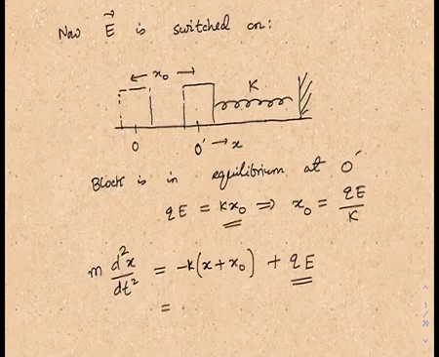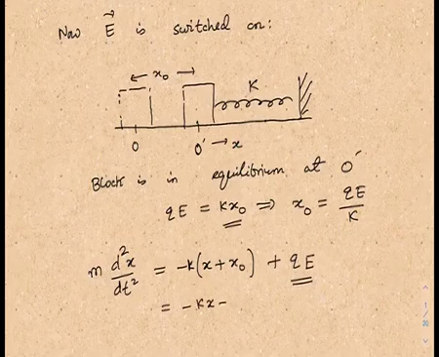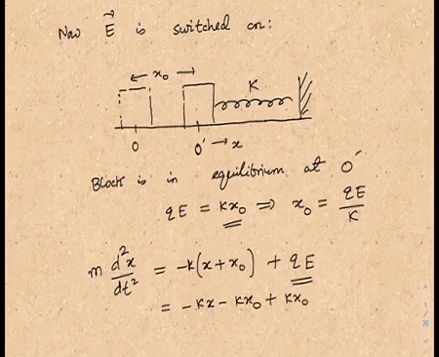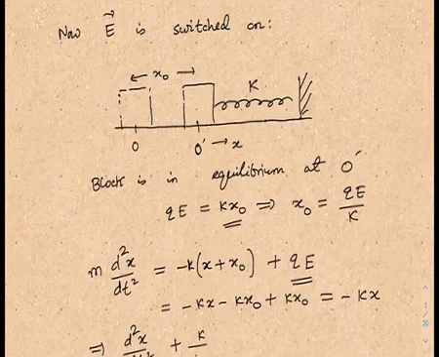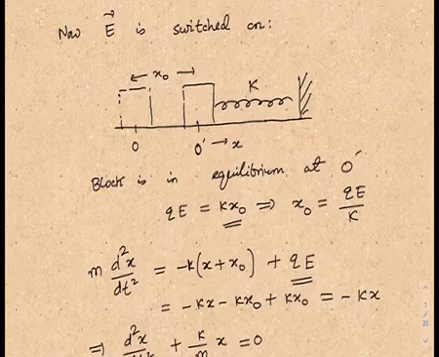So you have minus kx plus kx0 minus kx0, so you are having simply minus kx. That means I can write this equation as d2x by dt2 plus k by m x is equal to 0.